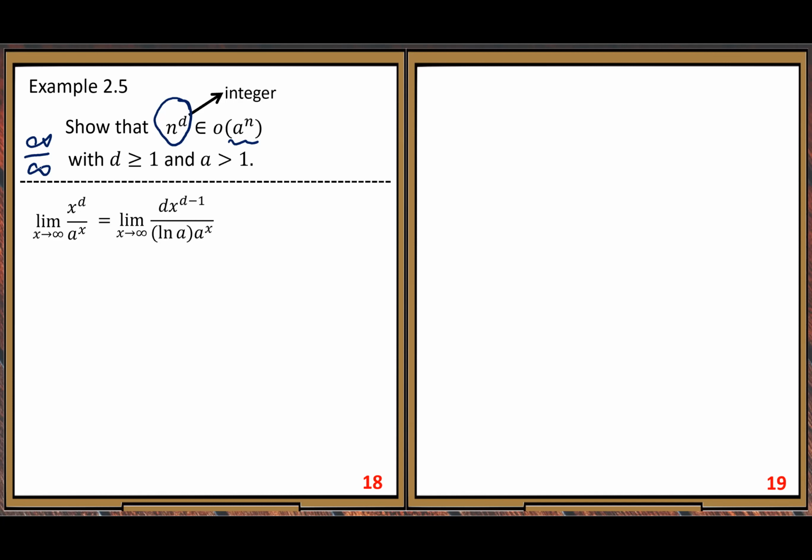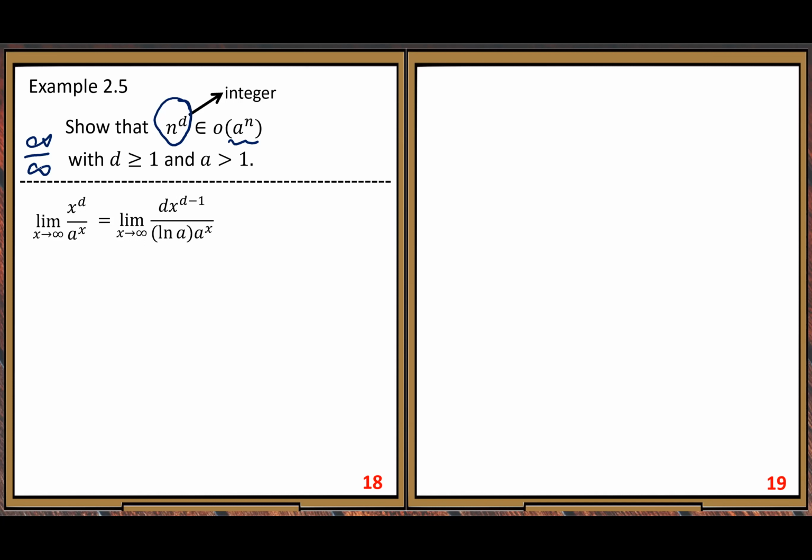Then the numerator derivative, for the power function, the formula is d times x to the d minus 1 power. For the denominator, the derivative is the natural log of a times the original exponential function, a to the x.